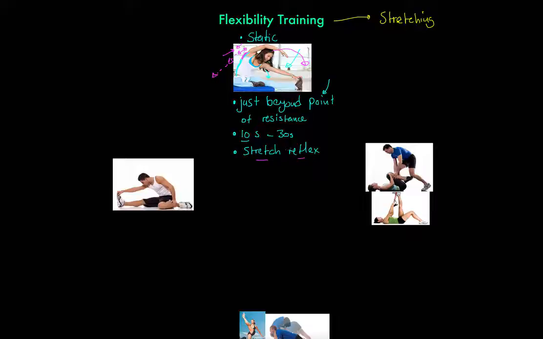And the point I want to make to you is that the stretch reflex decreases, so it's kind of inhibited or switched off after 5 to 6 seconds. So the way I'd encourage you to think about this, let's say you're doing 10-second stretches. After half of that time, 5 seconds, you should be able to push that stretch slightly further because the stretch reflex is inhibited, or it's reduced. So you actually go through a grade of stretch, and it's worth considering that.